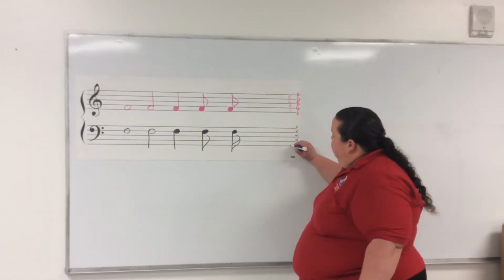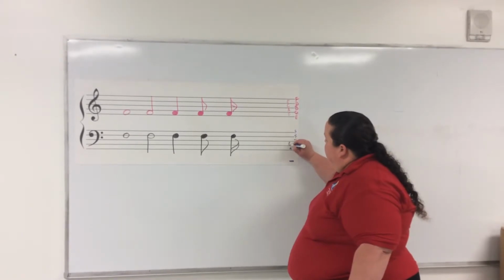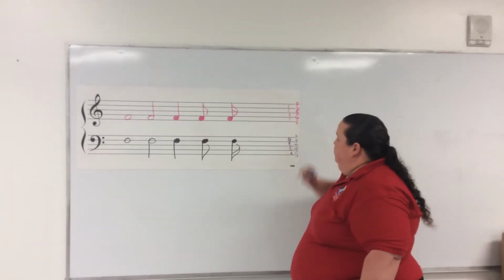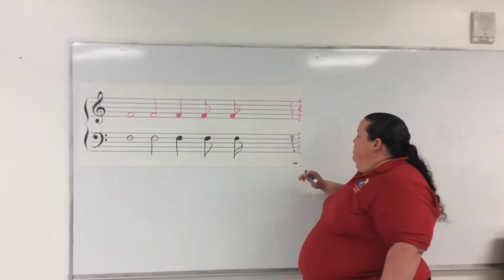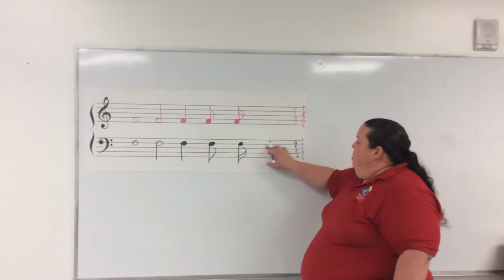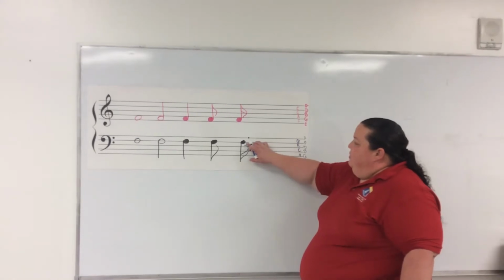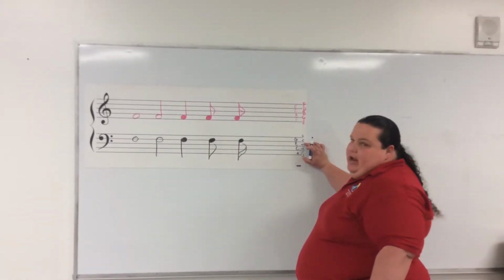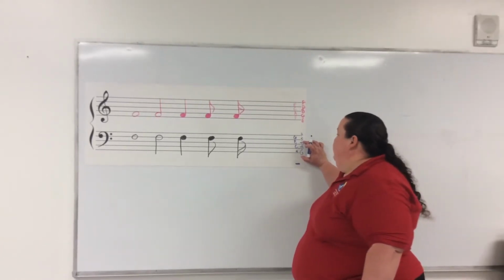And then your spaces are all cows eat grass. Okay? So notice how these notes are all on the same line. The circle is all on the same line, and that happens to be your F. So all of these notes are F.